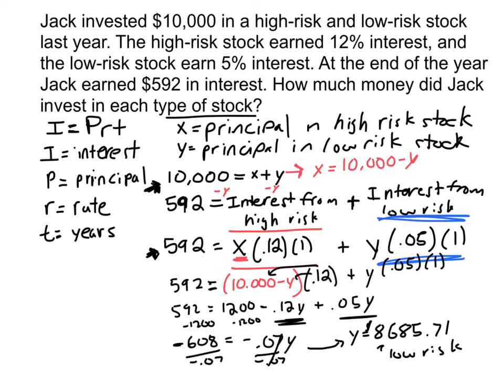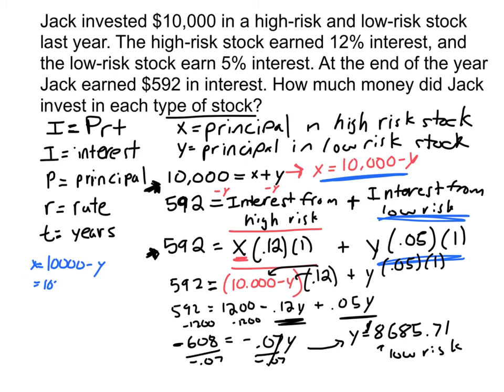So now all I have to do is find the amount of money he invested in the high risk. So I have this equation over here for x. X is just 10,000 minus y, so I have y now. So I'm just going to say x equals 10,000 minus y.